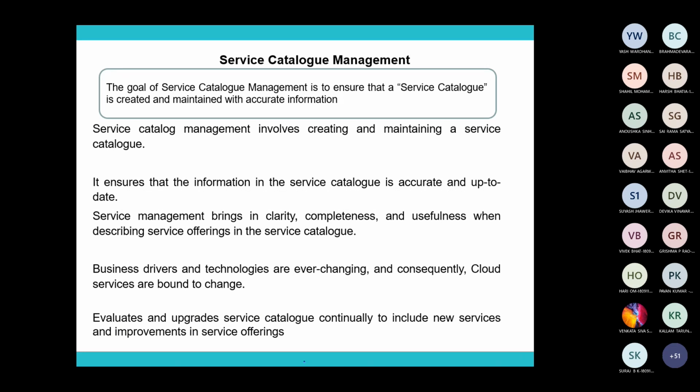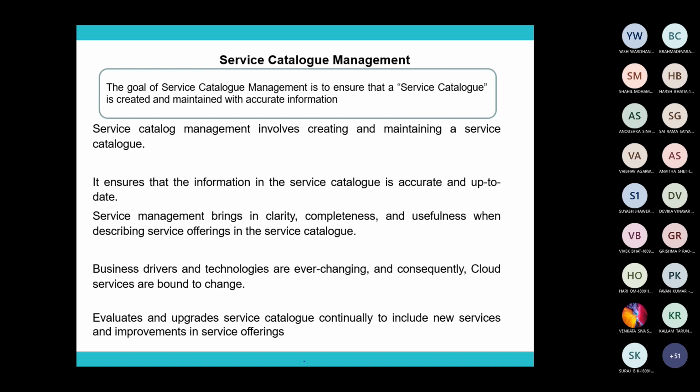The last one is about service catalog management. Whenever the cloud offers a service, how will the end customer know which services are offered by the cloud provider? That will be published in the catalog. Service catalog management involves creating and maintaining the service catalog.